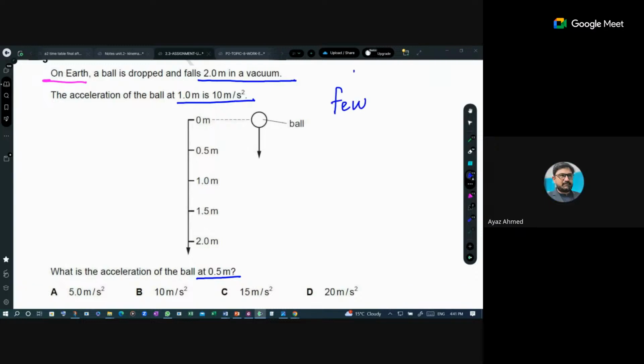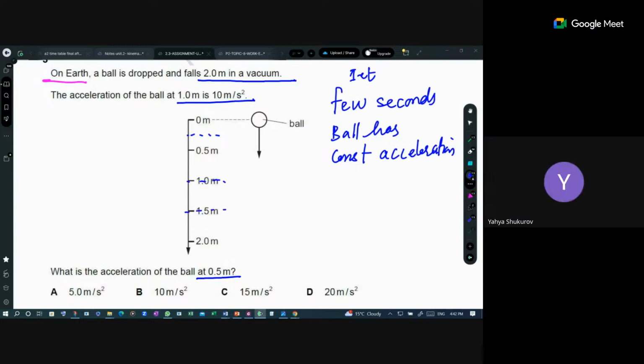So when the ball has constant acceleration, at 0.5 meters its acceleration would be the same as at 1 meter, the same as at 2 meters.